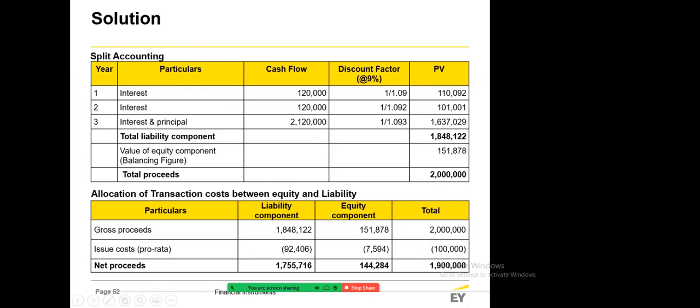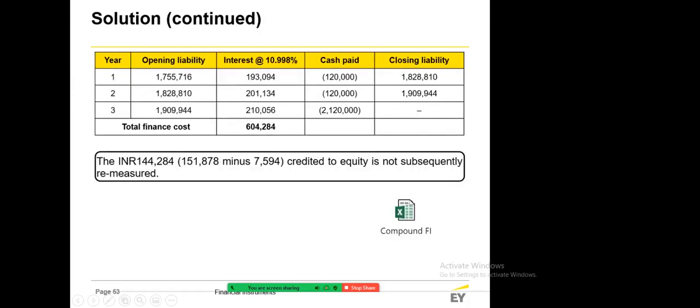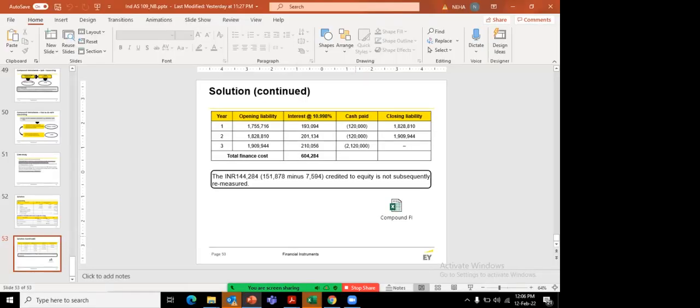In these two ratios you will divide your issue cost. If you subtract the issue cost from your gross proceeds, it will come as the net proceeds of the liability portion and the net portion of your equity component. So this is how you need to do the accounting of your compound instrument.